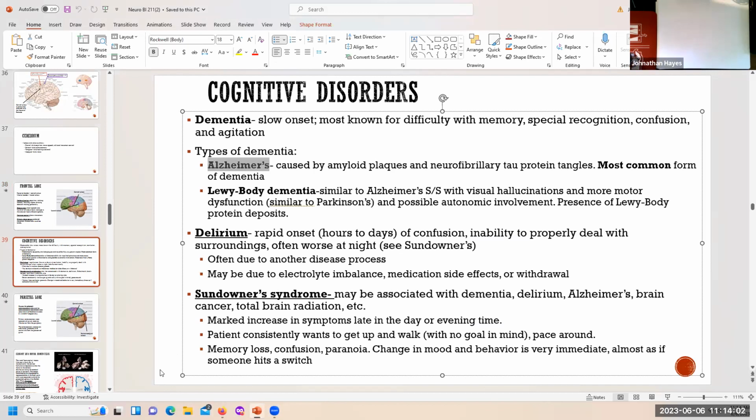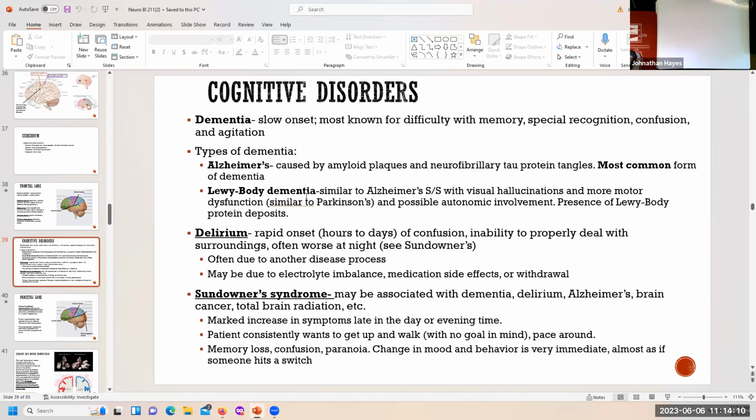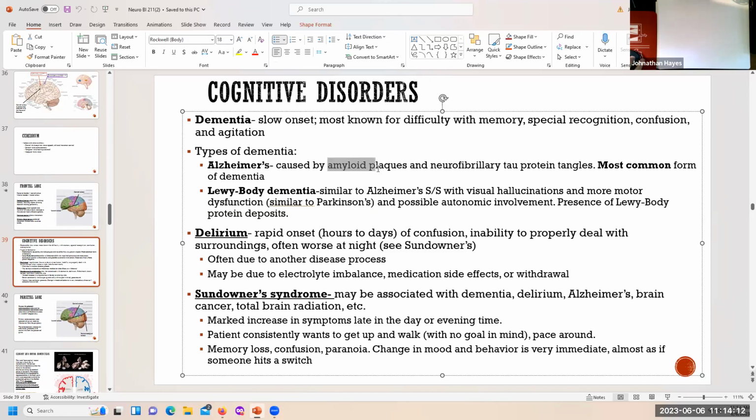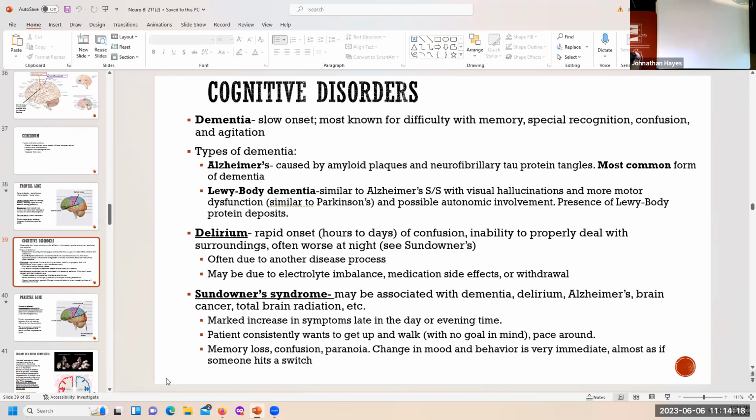As we age, certain changes in the brain occur, and with Alzheimer's disease, they have limited it down to the buildup of what's called amyloid plaques and neurofibrillary tangles caused by tau proteins. So that's nice because it's telling us what's present in a person that has Alzheimer's, but it doesn't necessarily give cause.